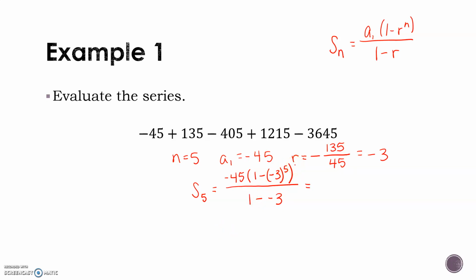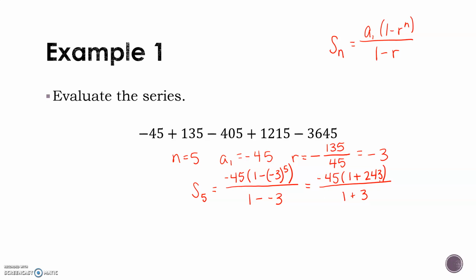Well, let's do a little simplification here. Negative 3 to the 5th power, let me just double check. Yeah, it's negative 243. So we would have negative 45 times 1 minus negative 243, which is 1 plus 243, all over 1 plus 3.